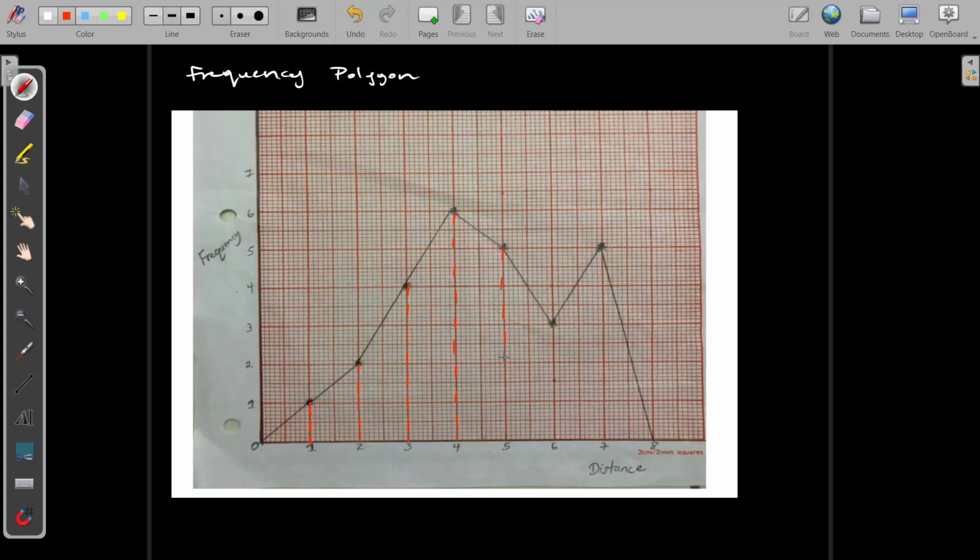When I'm finished, I want you to tell me how many different shapes you're seeing here. Alright, so how many different shapes do we have?